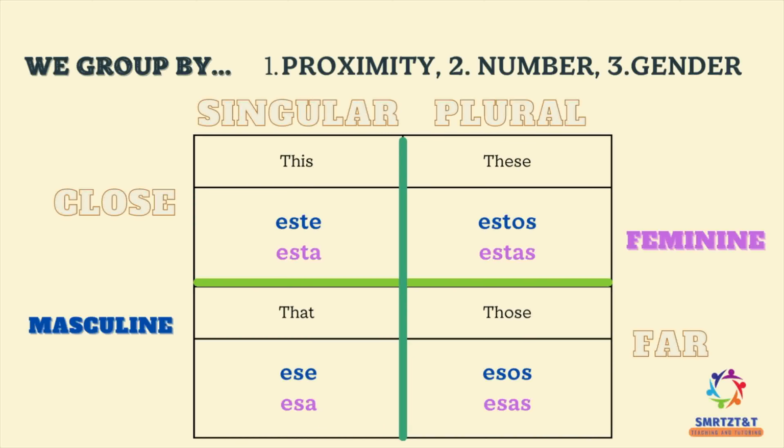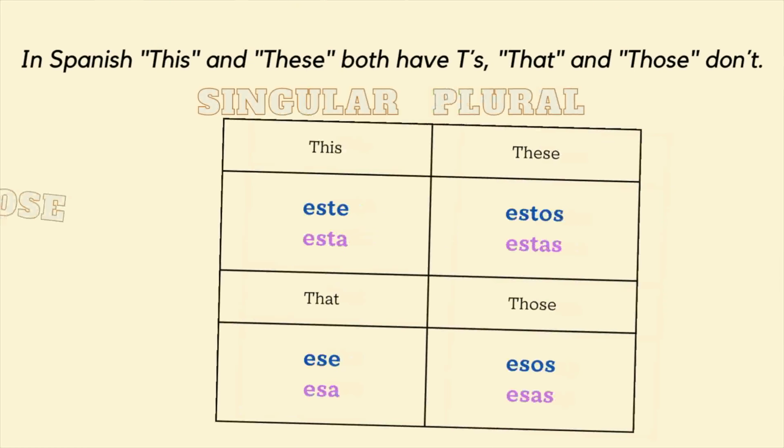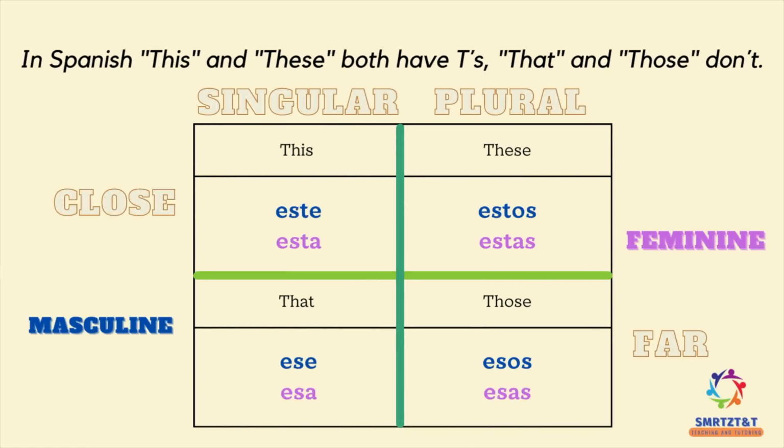Y podemos determinar, as I said before, the number, the gender, and the proximity. In Spanish, this and these both have T's. That and those don't. Keep in mind that sentence in all the conversations that you have, and you're going to know how to use them. Write it down if it is necessary. You can write it down 3 times, 4 times, and memorize it.